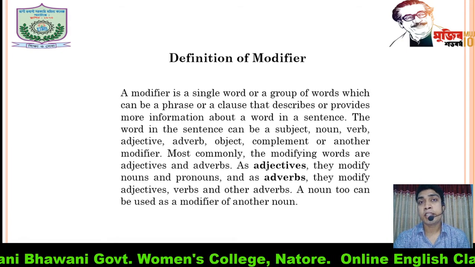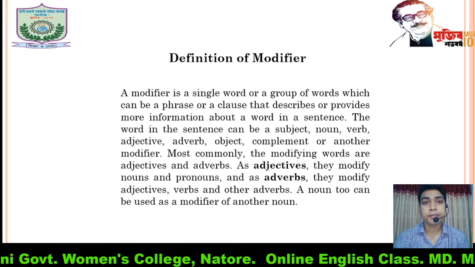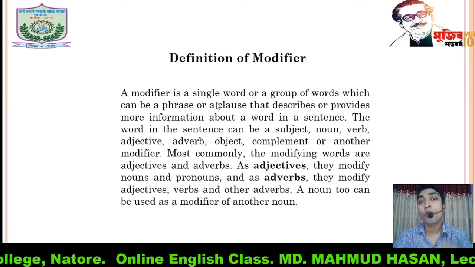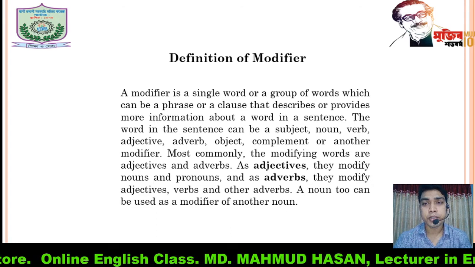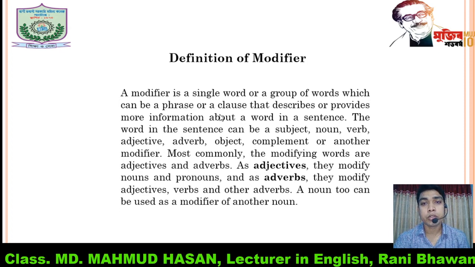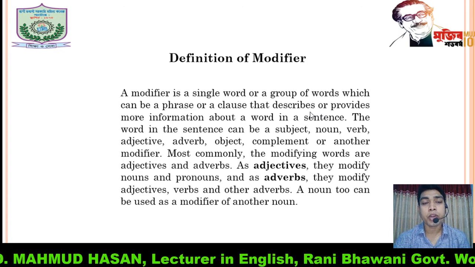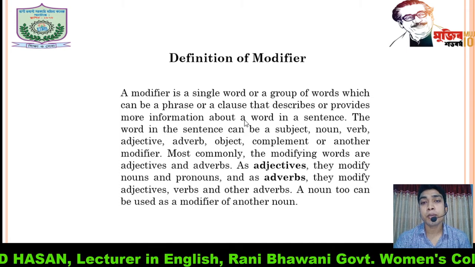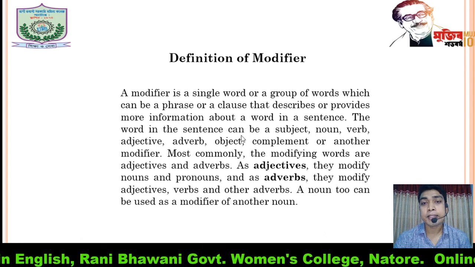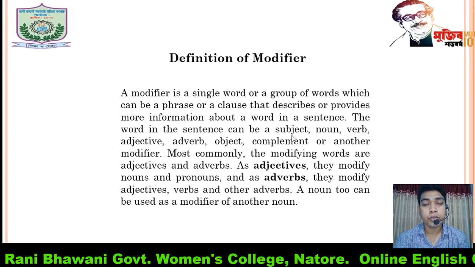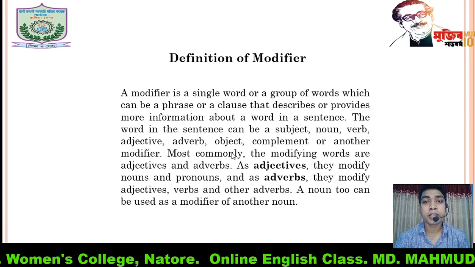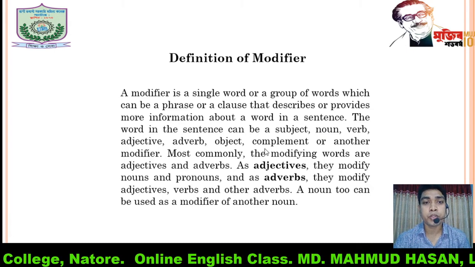So what is the definition of modifier? A modifier is a single word or a group of words, which can be a phrase or a clause, that describes or provides more information about a word in a sentence. The word in the sentence can be a subject, noun, verb, adjective, adverb, object, complement, or another modifier.